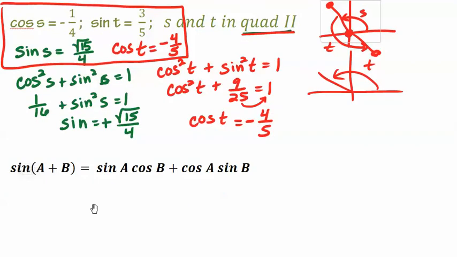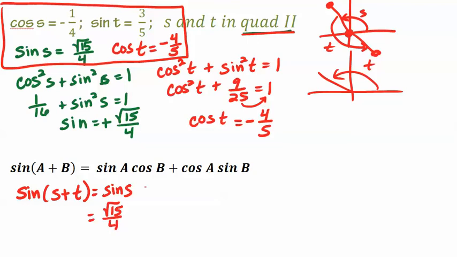So I've pasted in our formula for the sine of the sum. So now we just need to take our values. We're using S and T for our two angles. So we want the sine of angle S, and we found that up above. That is the square root of 15 over 4 times the cosine of angle T, and the cosine of angle T is negative 4 over 5, plus the cosine of our first angle.